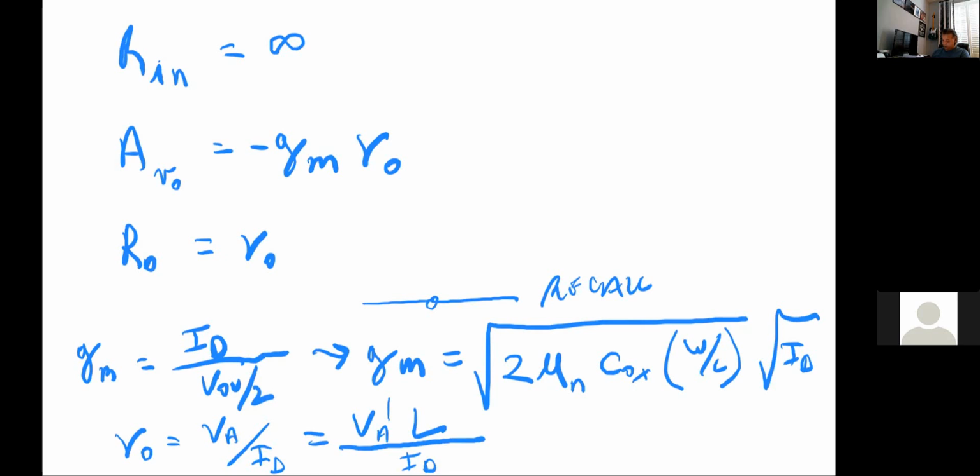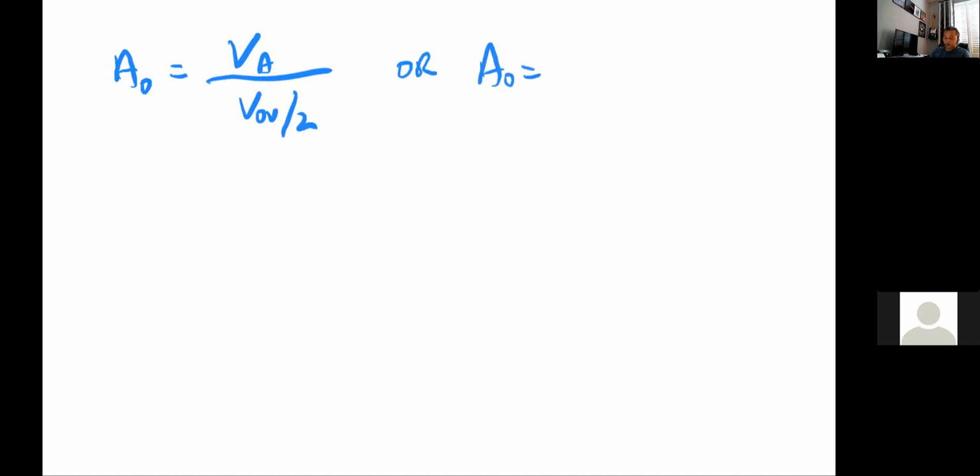Therefore, the gain can be written as that voltage divided by half the overdrive voltage, or another way is the same thing, okay?